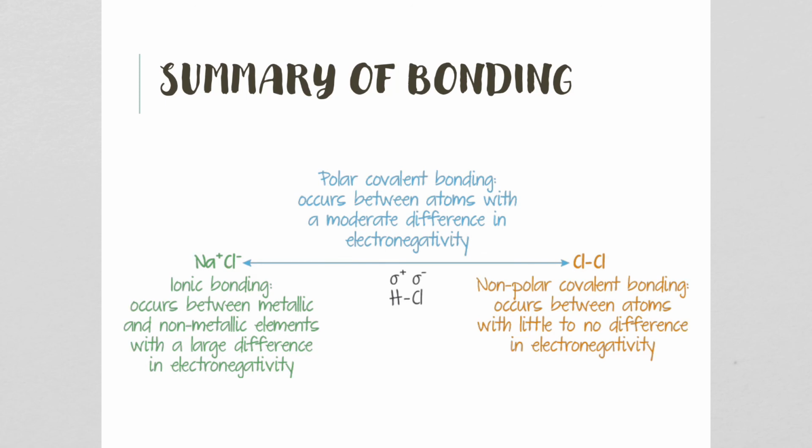Polar covalent bonding happens between atoms with a moderate difference in electronegativity. So remember, that's from 0.5 to 1.7 change. And you'll end up with dipoles, like shown here. And then finally, nonpolar covalent bonding, or pure covalent bonding, occurs between atoms with little to no difference in electronegativity.